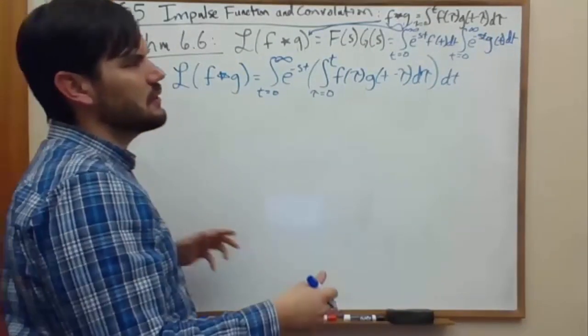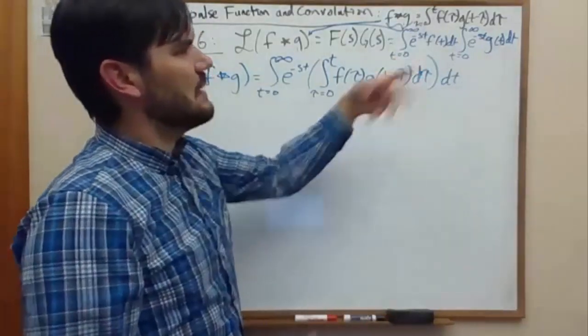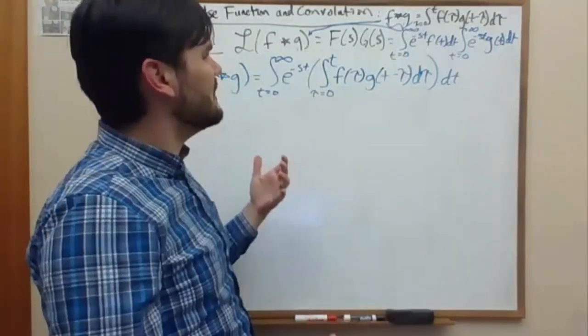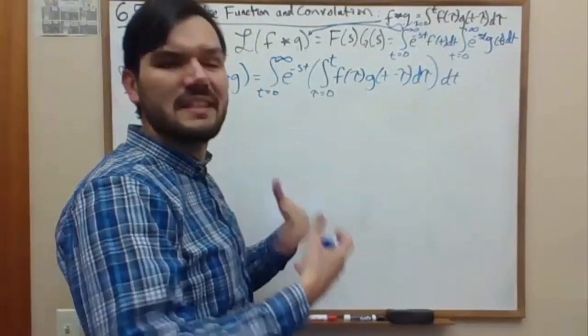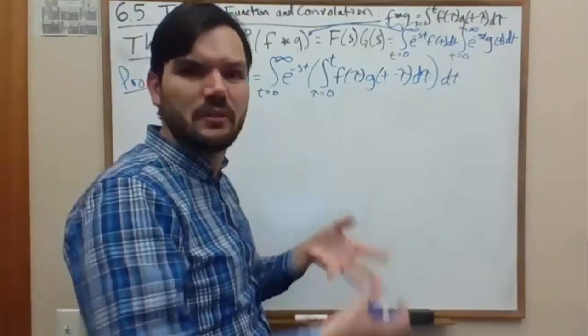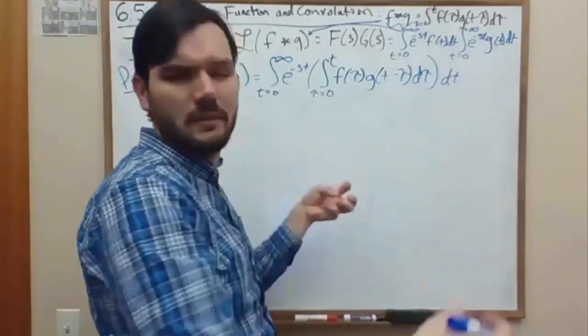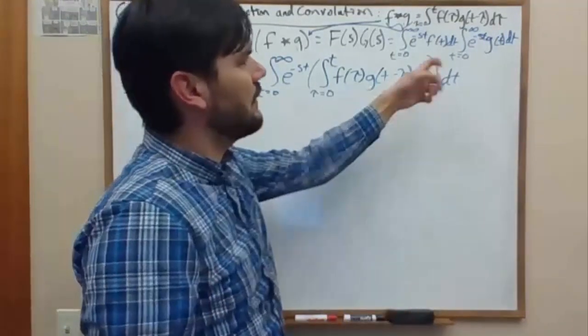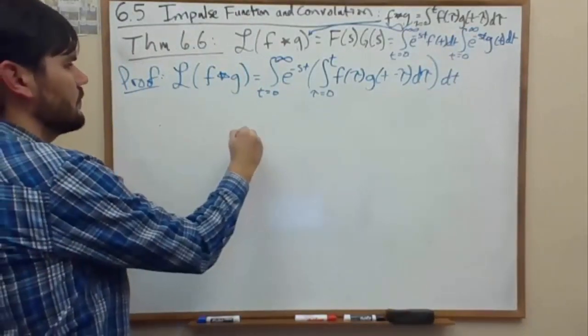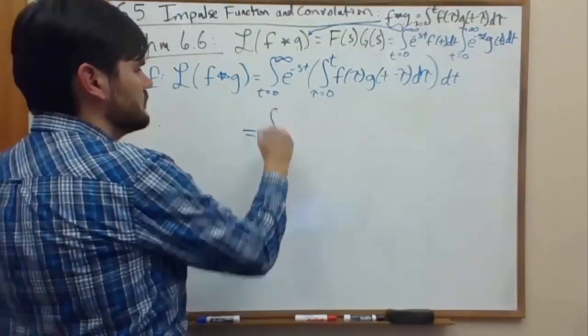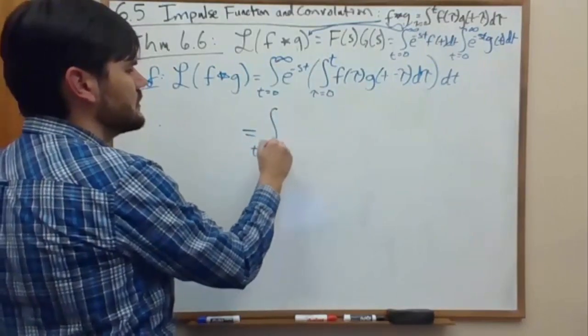What we want to do is to separate the two integrals out and to get them into the same limit form. To do so, we need to first form the double integral, and then from that double integral, see if we can pull it apart after first matching those limits. So, integral from t equals 0 to infinity.